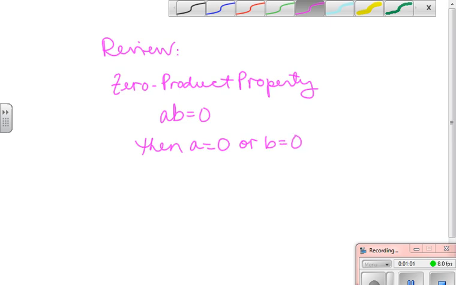If you think about how numbers work, 0 times anything is 0. So if either one of these two values is 0, it doesn't matter what the remaining one is. The product will be 0. So we are going to be using this idea for our solving.